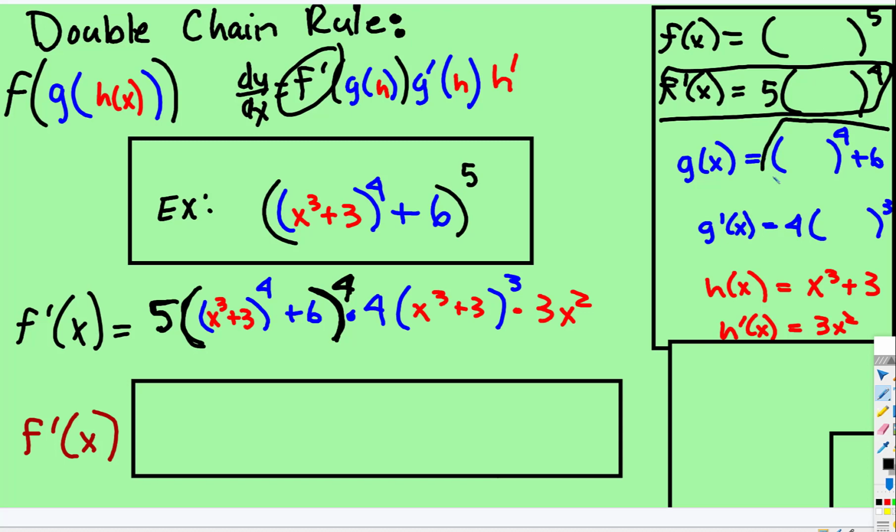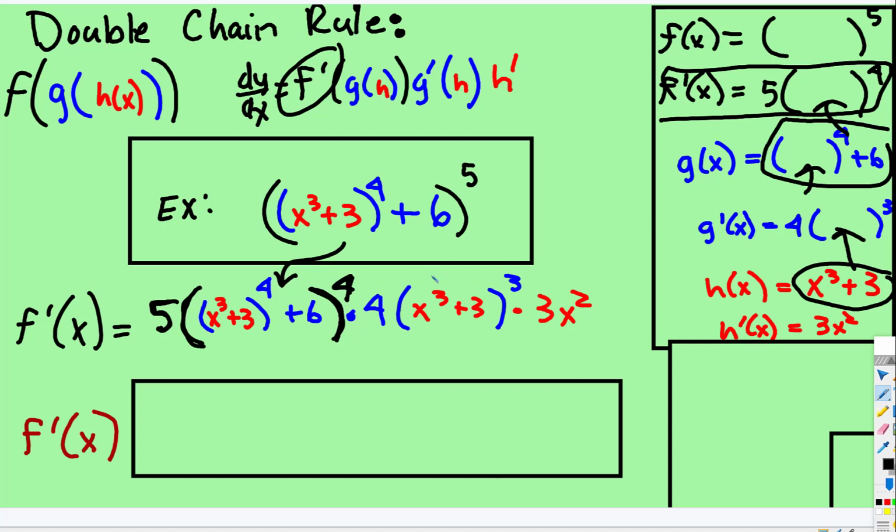We leave all of this stuff inside there, just like we leave all of this stuff inside here each time. So we're going to take this inside stuff and put it back in there. We're going to leave it just as is. See that? The g and the h remain unbothered.